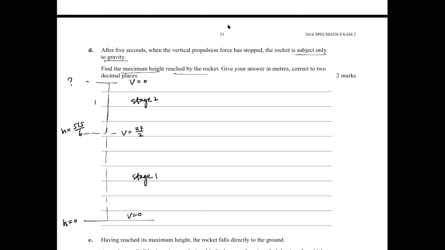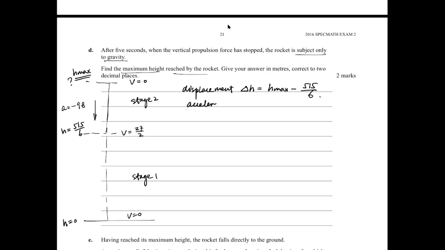For stage 2, gravitational acceleration a equals minus 9.8 only. So let's have a look. Let's say this one is h max, okay? Displacement delta h equals h max minus 515 over 6.